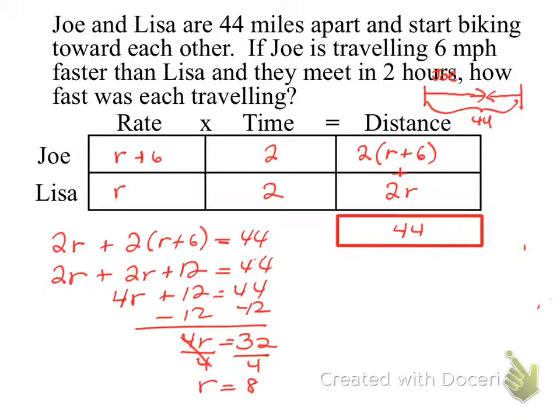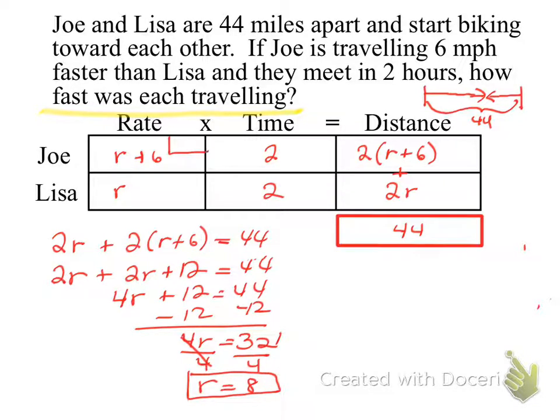Okay, so if R equals 8, the next thing I want to make sure of, I always want to go back to what is the question. If Joe's traveling 6 miles per hour faster and they meet in 2 hours, how fast was each traveling? So that's what the answer they want it to be. So, Xander, we know that Joe's rate is 6 miles faster than Lisa's.